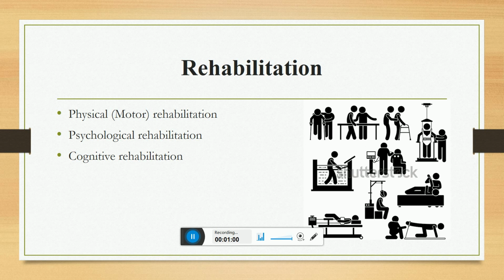Rehabilitation can be divided into three categories: physical motor rehabilitation, psychological rehabilitation and cognitive rehabilitation. Motor rehabilitation, also called physical rehabilitation, is the process to restore someone from physical weakness and disability through some training or therapy.